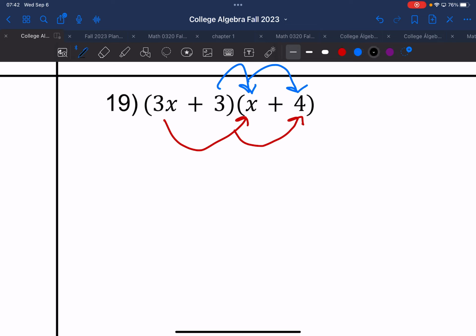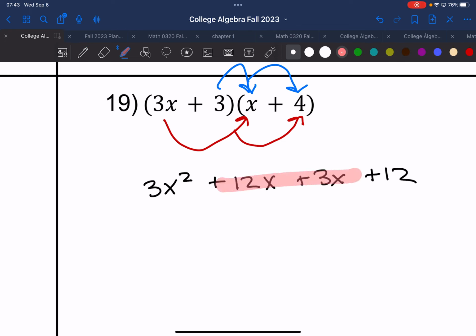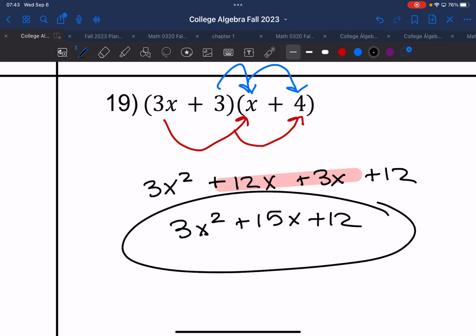So I have 3x times x, which is 3x squared. 3x times 4, 12x. 3 times x, 3x, and 3 times 4, 12. When you combine our middle terms, what is that middle term? 15x. So I have 3x squared plus 15x plus 12. And that is our answer.